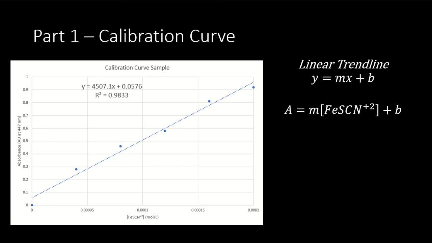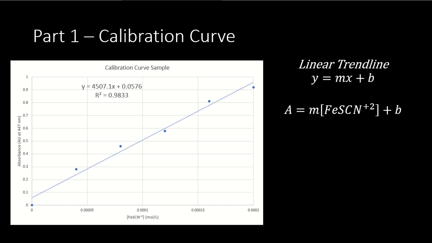In this particular experiment, we're at a range of concentration where we are in a linear region of the relationship between absorbance at 447 nanometers and our complex's concentration. You'll use that to get a trend line for a linear relationship. Usually in these experiments, your regression value, your R squared value, is close to 1.